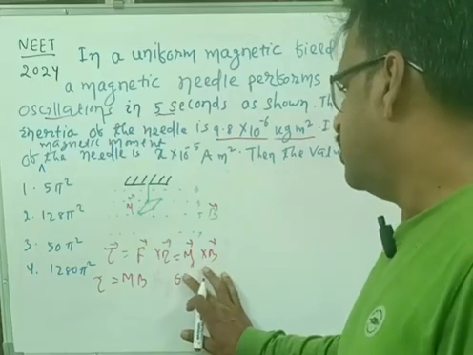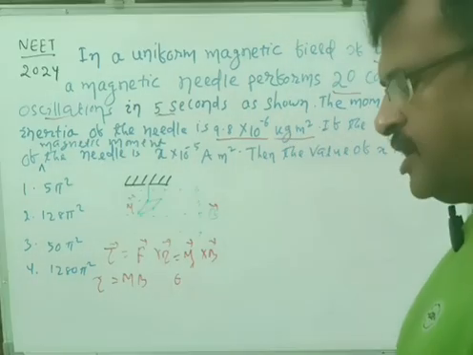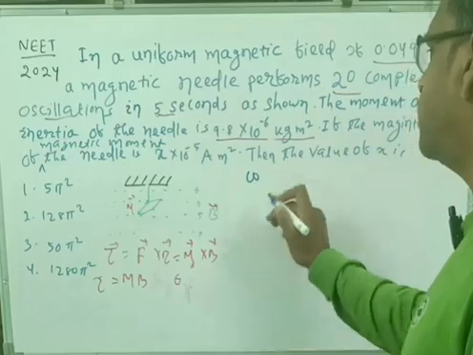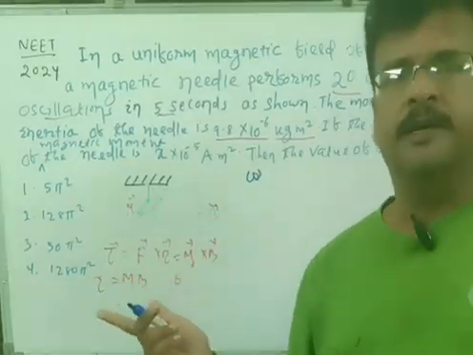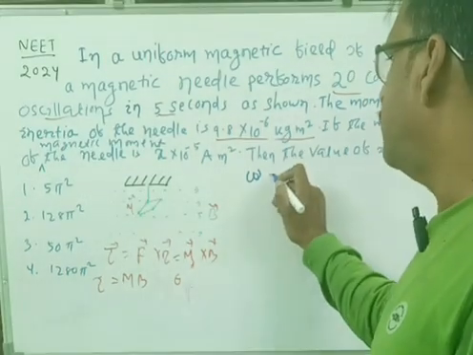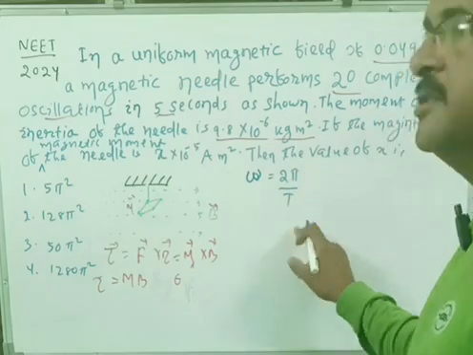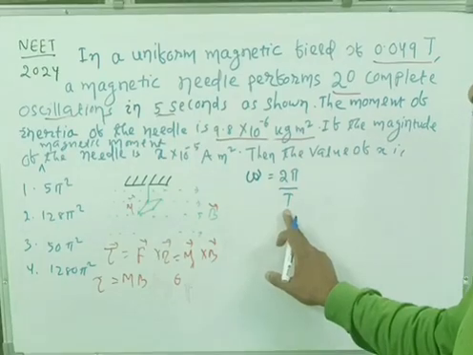So students, what is the formula for the angular frequency of a body oscillating in a force field? Omega is equal to 2π by T, where 1 by T is the frequency of the body, or T is the time period of oscillations or rotation.